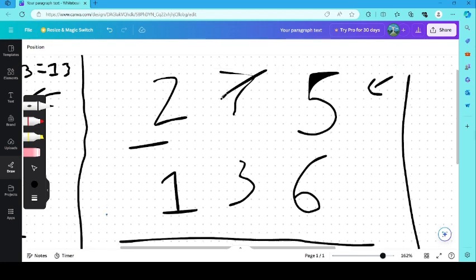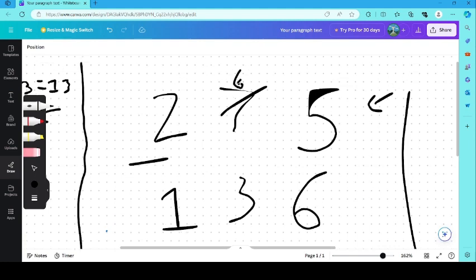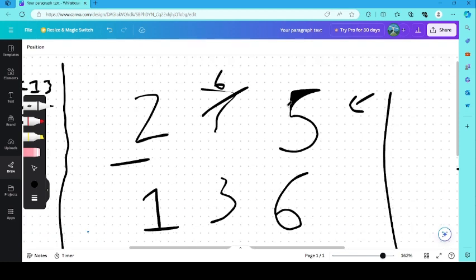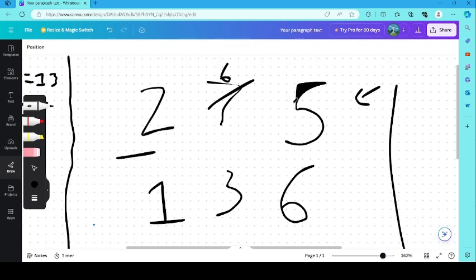Take 1 away from our 7, which is no more 7 but a 6. And then we slash the 7 to remind us that the 7 is no more a 7 but a 6, because we have taken 1 away from it.